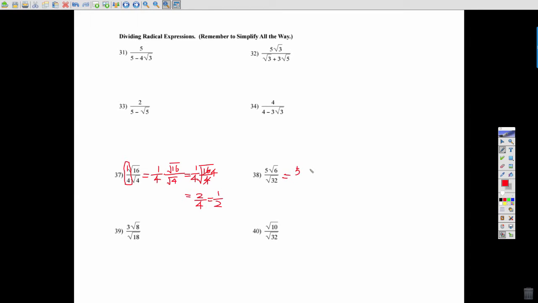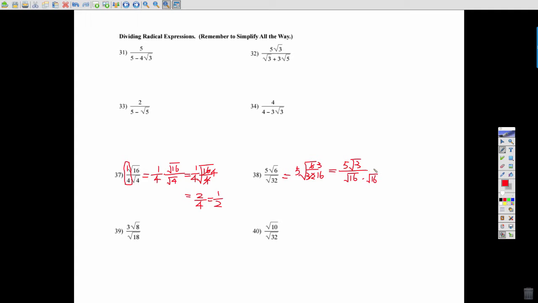Next one, same thing. I can combine it. So if I cancel it by 2, I have 3 here, I have 16. There's no more I can do. So now I'm going to rewrite it, separate it again after I combined it. The reason I do that is because it's illegal to have this format, because I've got a radical, as you can see, in my denominator.